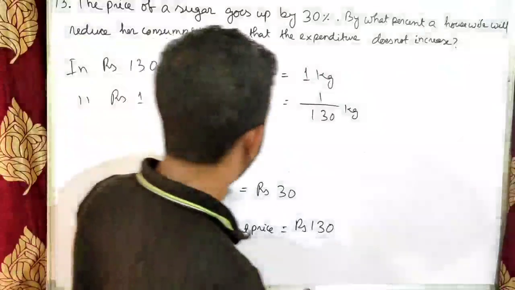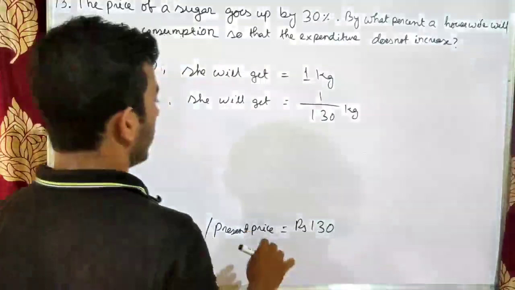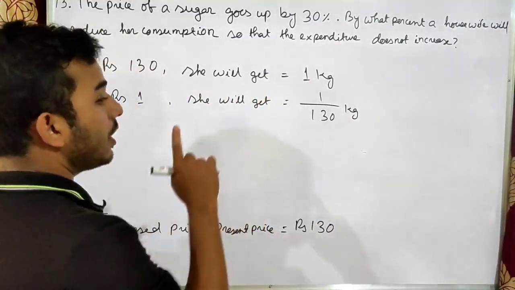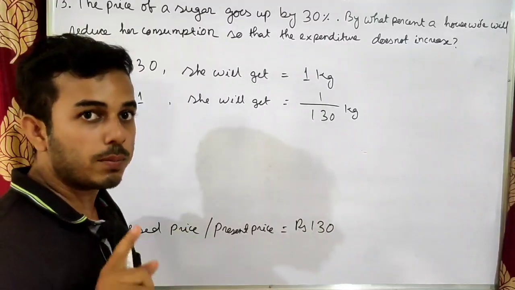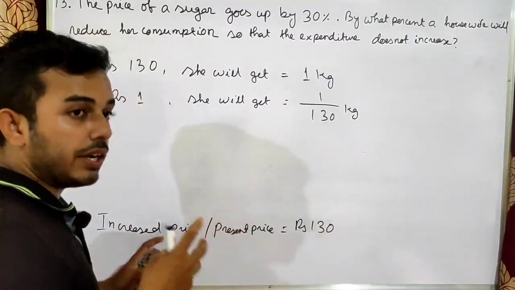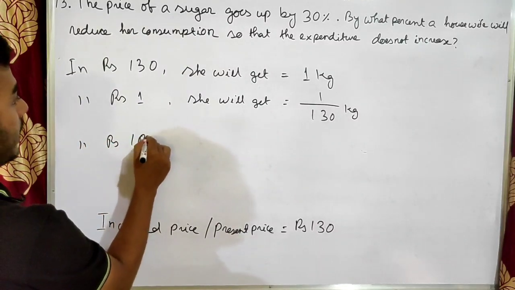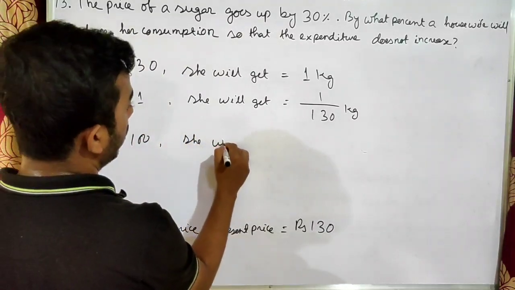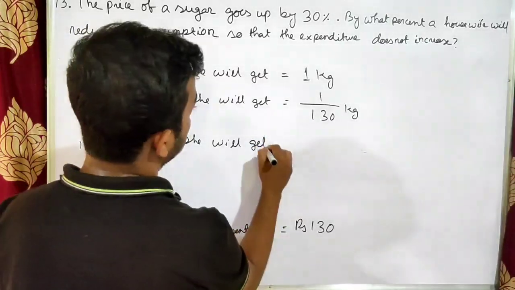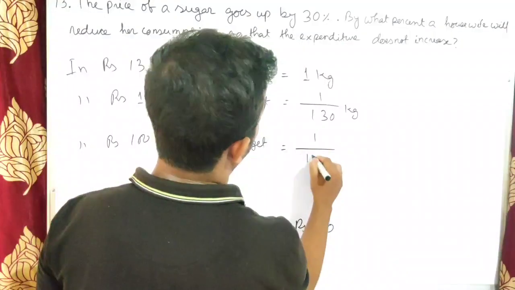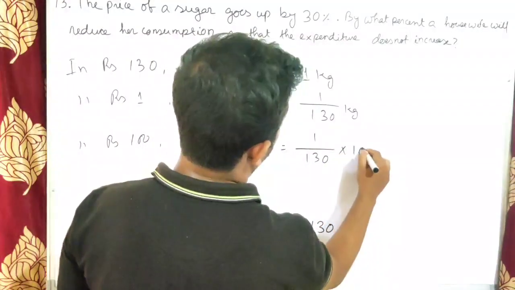Okay, now in rupees how much? In rupees 100, isn't it? Because that was our earlier price which we have considered. So in rupees 100 she will get how much? It is 1 by 130 into 100.